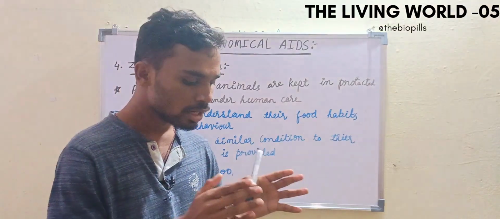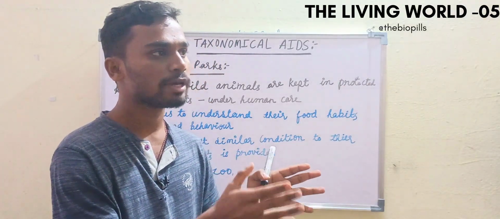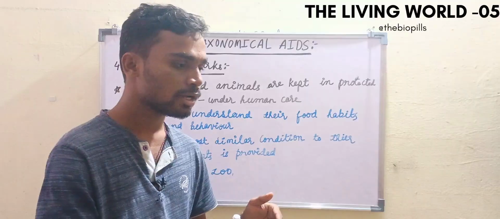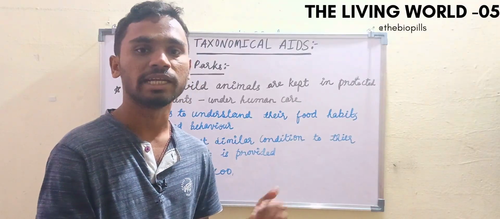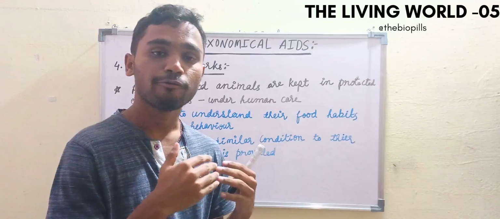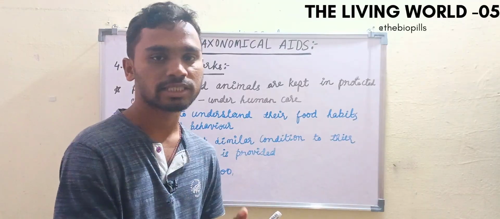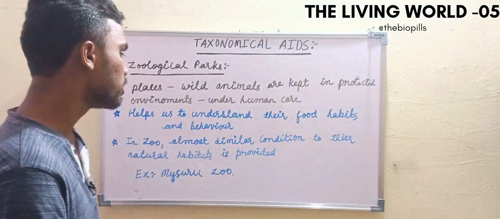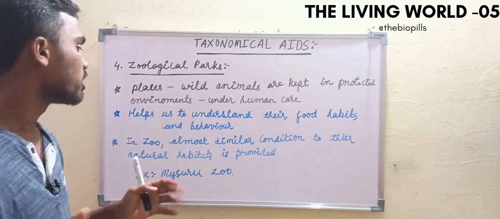Suppose a group of animals comes to a particular animal, it may fight or take flight. We can study what kind of behavior it follows. This is a small example; we need to study in a broader sense.